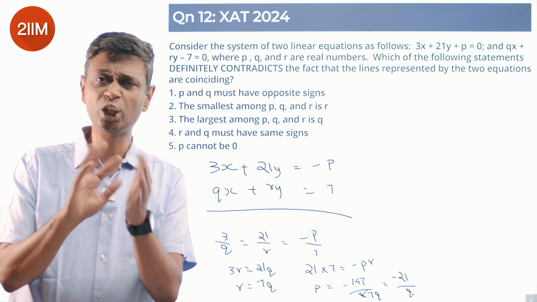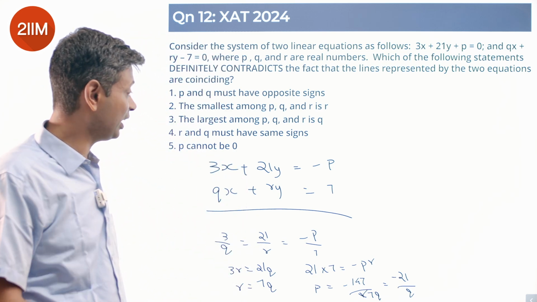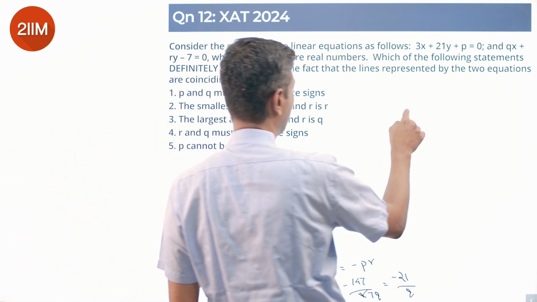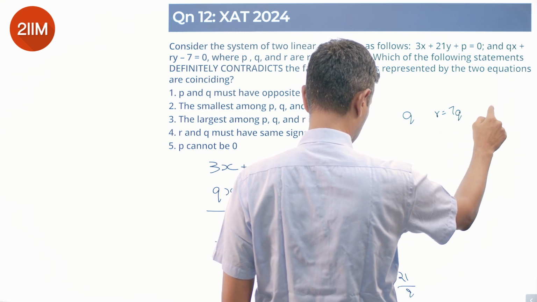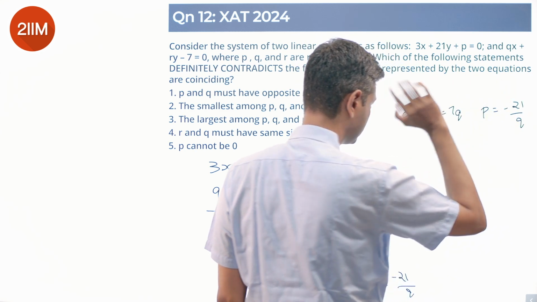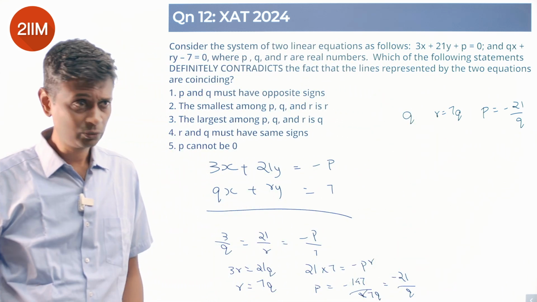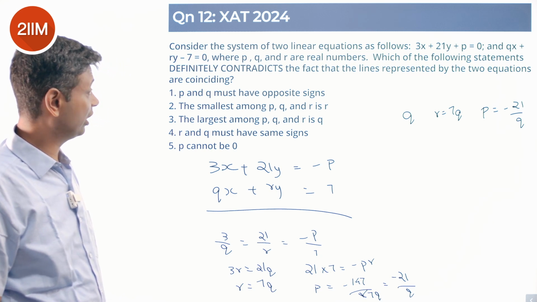There's a link between p, q and r, some relationship p, q and r have. So if the lines coincided, then we can say r is equal to 7q, p is equal to minus 21 by q. Nice, wonderful. P and Q must have opposite signs.